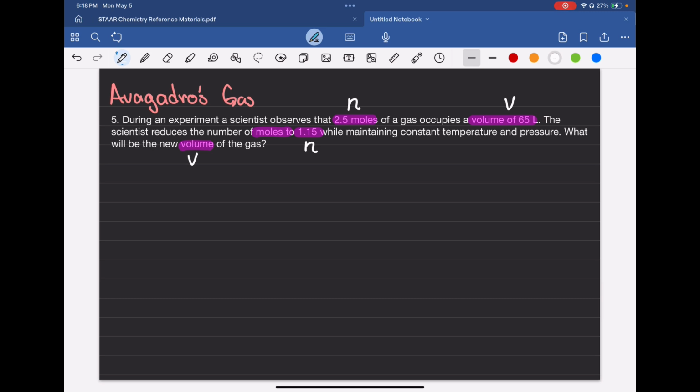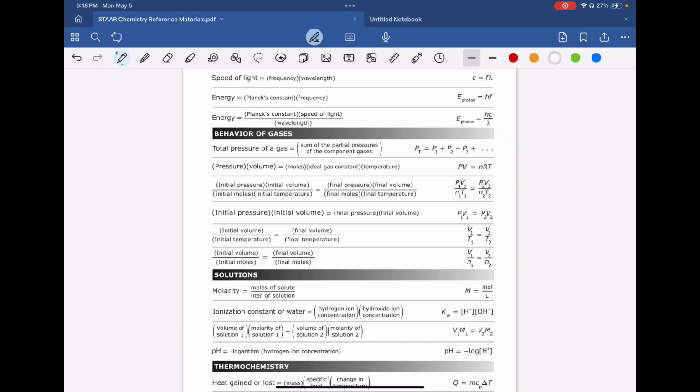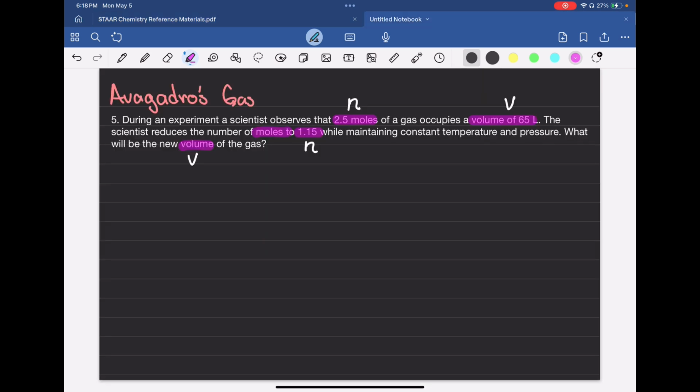So we can see that we are comparing volume to the number of moles. We use our reference material. We are going to be using this last formula. Volume 1 divided by moles 1 equals volume 2 divided by moles 2. So let's write that formula down.